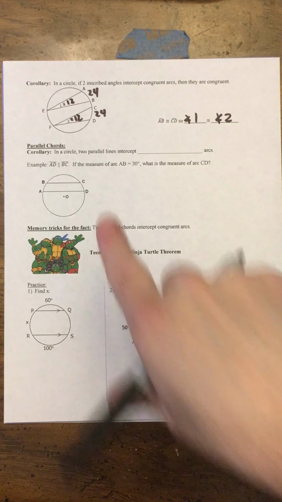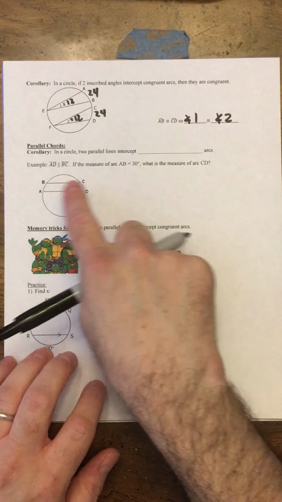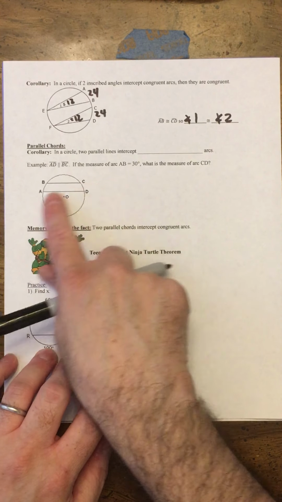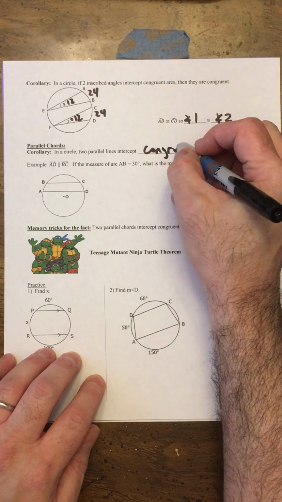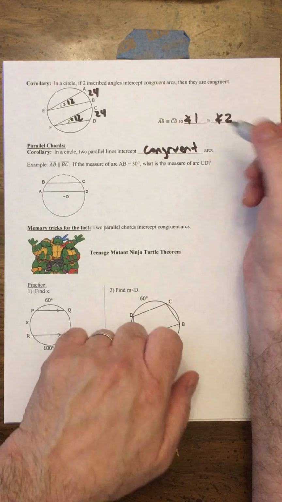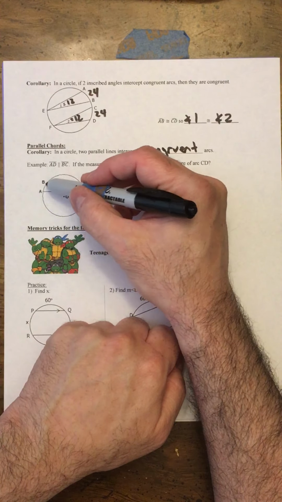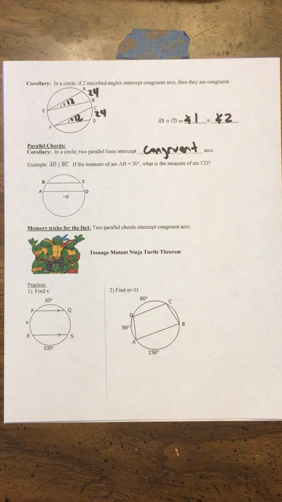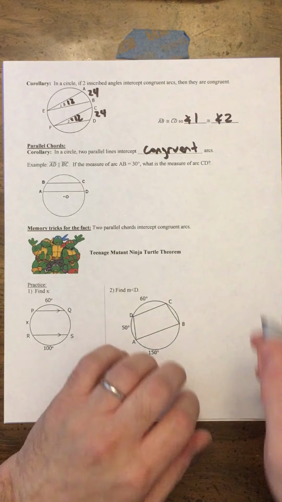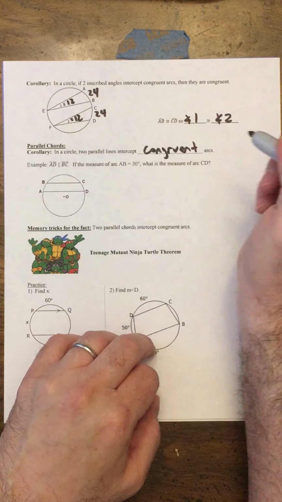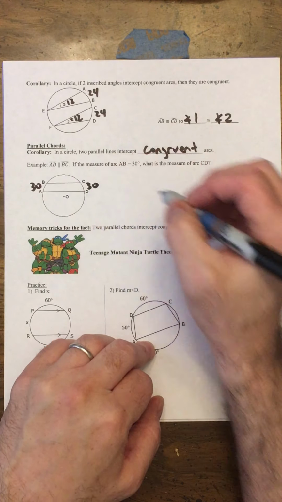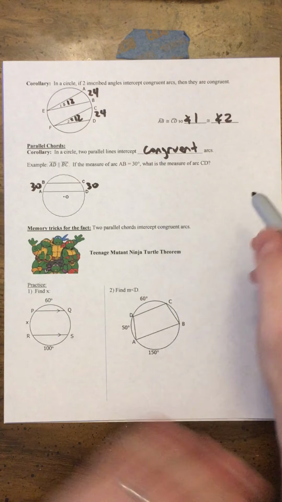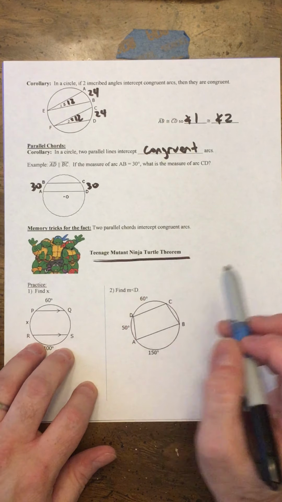Okay, so here is the next superhero theorem, only because it looked like something to me. And here is the fact. In a circle, two parallel lines, like BC and AD, intercept congruent arcs. What do I mean? Arc AB and arc CD have to be equal. So if, let's say, arc AB is 30 degrees, then arc CD is also going to be 30 degrees. Now, I called this the Teenage Mutant Ninja Turtle theorem.